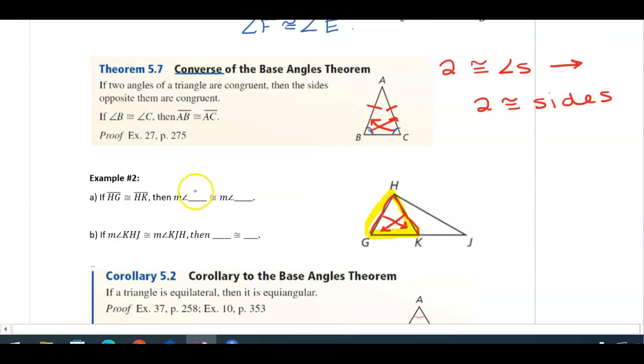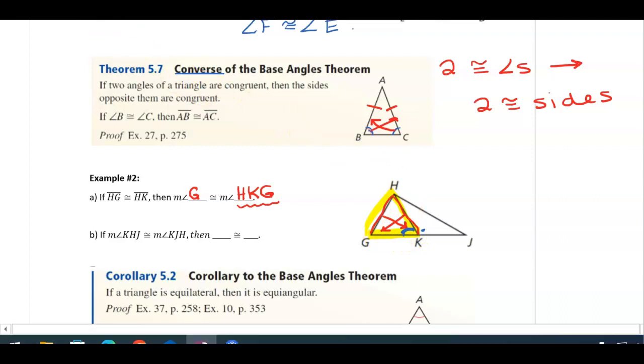That would mean angle G is congruent to angle HKG. Remember, when you name this angle, you have to use 3 letters, because if I just call it angle K, you don't know whether I'm talking about this angle K or this angle K right here. So make sure you use 3. That means these two angles are congruent.